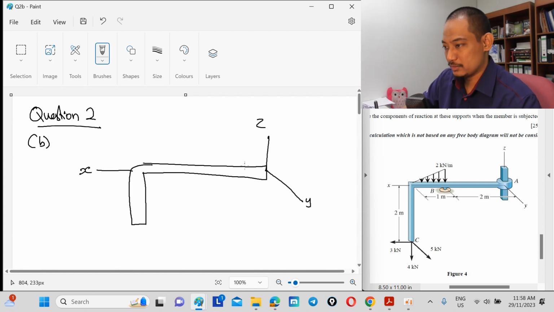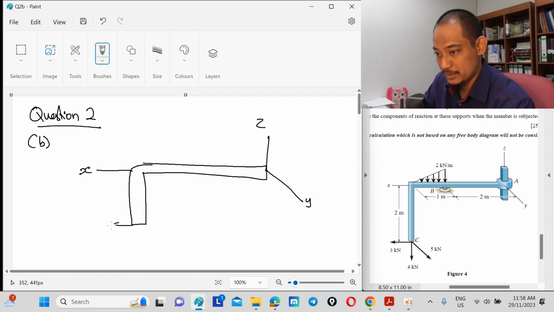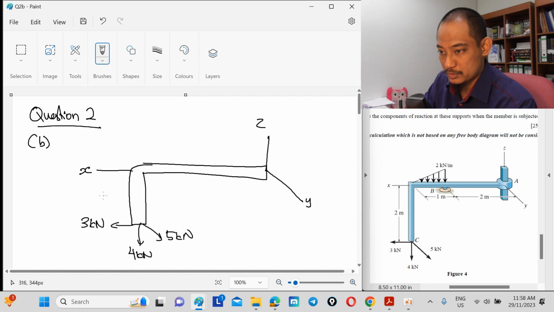Forgive me for the very bad drawing. So here we have towards the x 3 kilonewton, towards y is 5 kilonewton, z negative 4 kilonewton. Okay, so this is 2 meter.